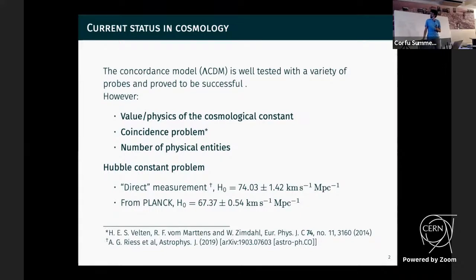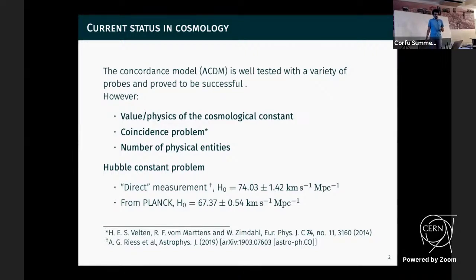However, there are some problems regarding, first of all, the exact value and the physics of the cosmological constant. Secondly, the coincidence problem. And at a more abstract level, there's a problem regarding the number of physical mechanisms that one needs to invoke in order to save the phenomena. For example, we need dark matter, we need inflation, we need dark energy.